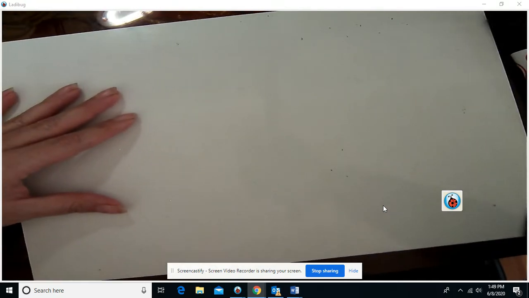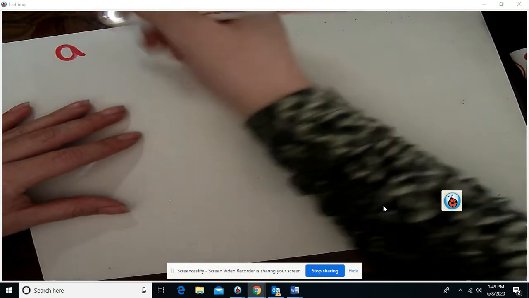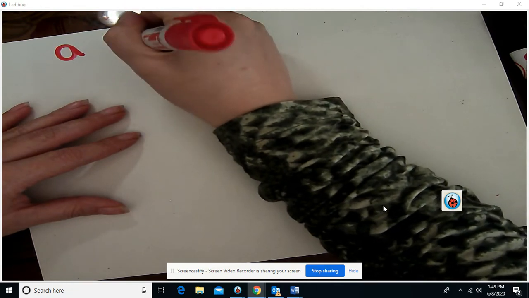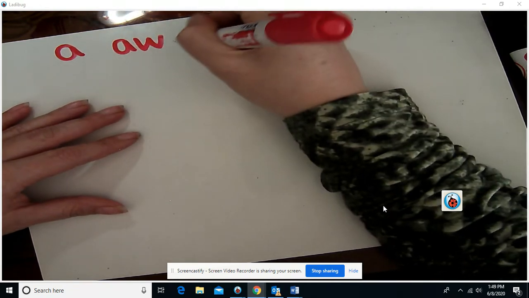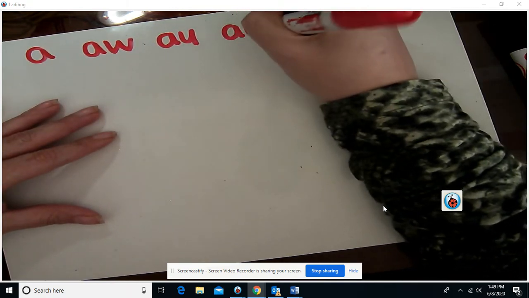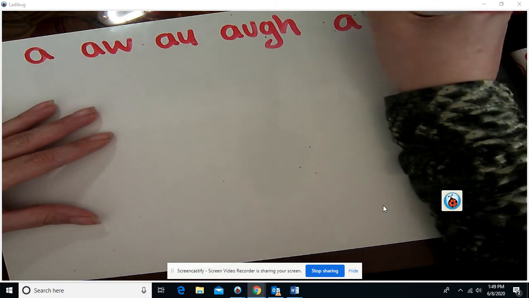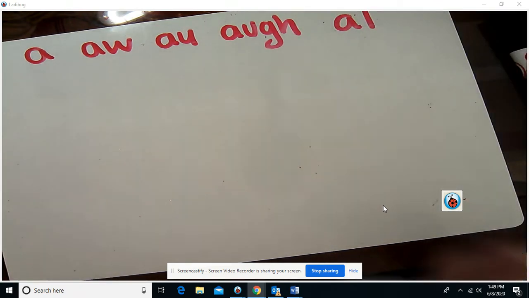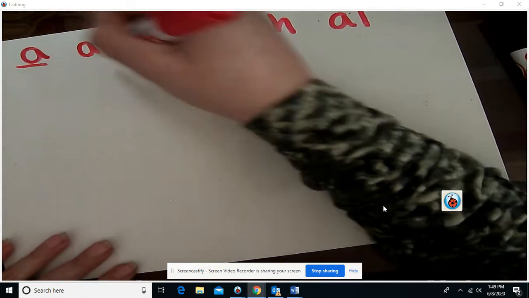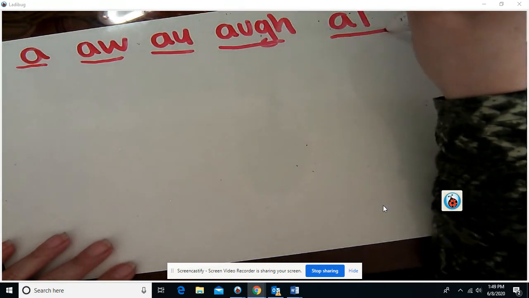And some spelling patterns that follow that aw sound are A, AW, AU, AUGH, and AL. So these spelling patterns follow that ah sound.